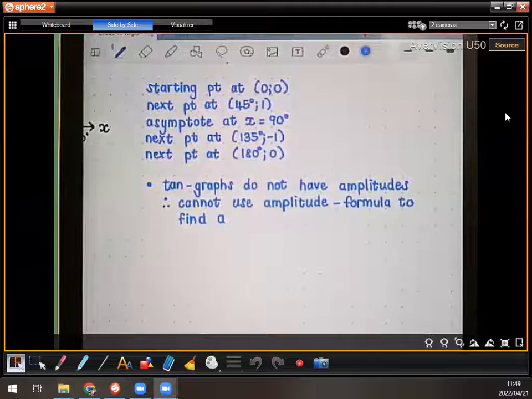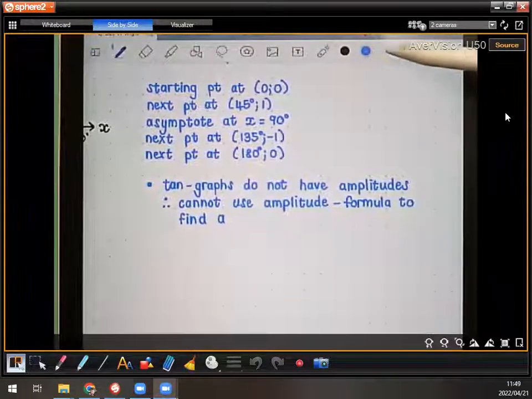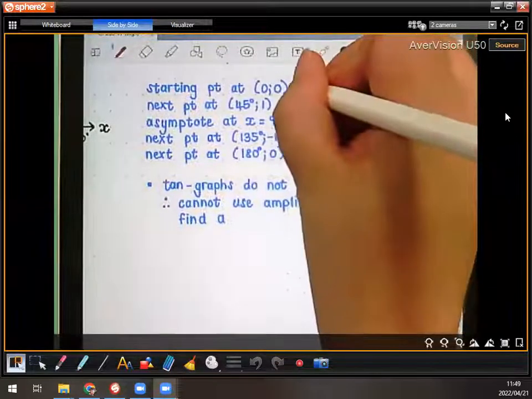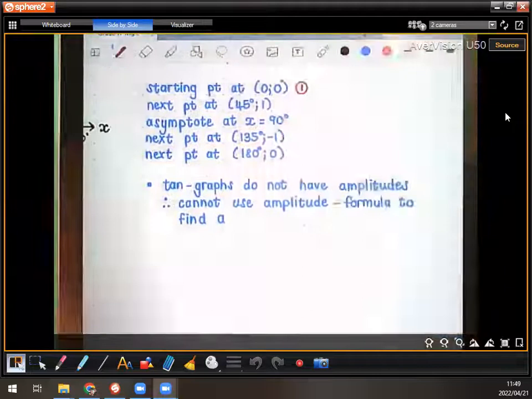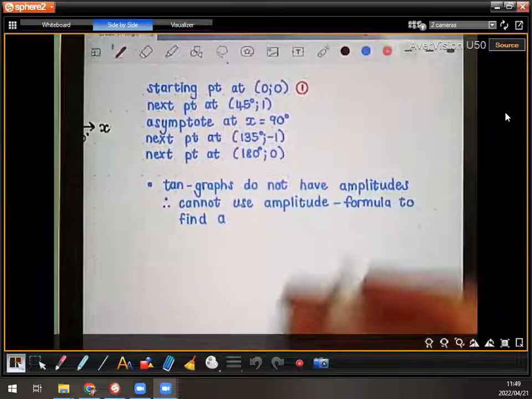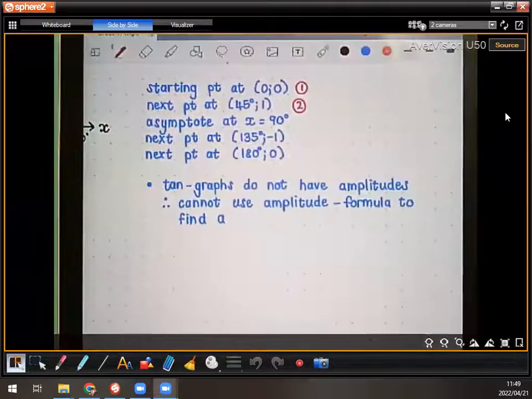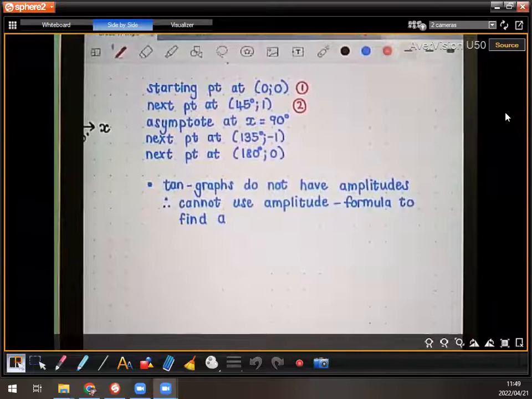Now guys, if we want to number our points, let's say that each point has a number. So if we want to say, for example, this is point 1, the starting point, the point that's normally at the origin is point 1. The next point is point 2. I'm going to talk about point 2 now. Point 2 is always what's going to give you your A value.